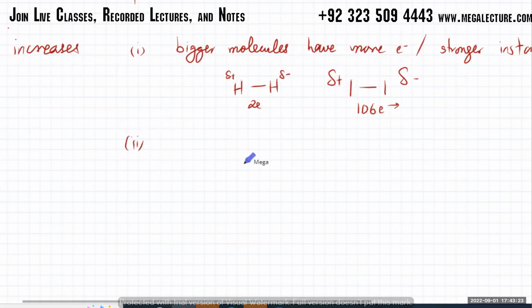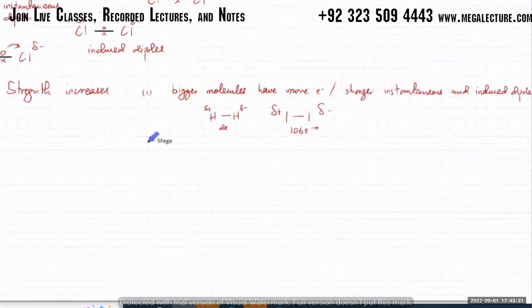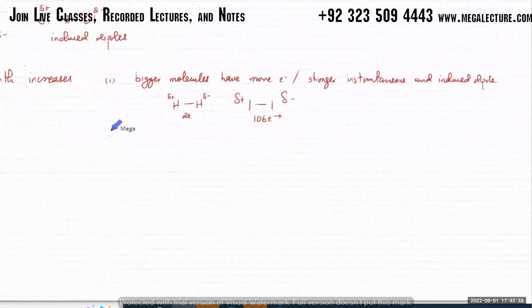बल्कि इसका example भी कर लेते हैं कि if you talk about where do you see bigger molecules having more electrons and stronger van der Waals forces. One example is group 17. If you look at group 17, the fluorine is a gas, non-polar, so they only have van der Waals forces. Chlorine is also a gas.